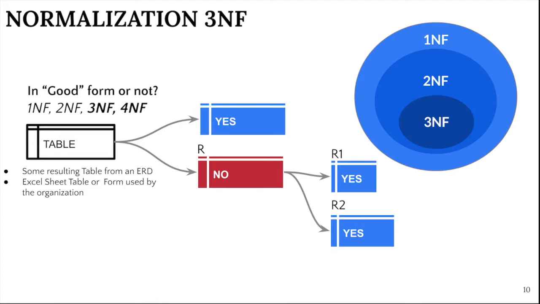So, coming from the relaxed version, we start at 1NF. Like the idea about the Boyce-Codd normal form, we just change the condition. So, 1NF, 2NF, and so on have certain conditions that must be true. Otherwise, we need to do something.